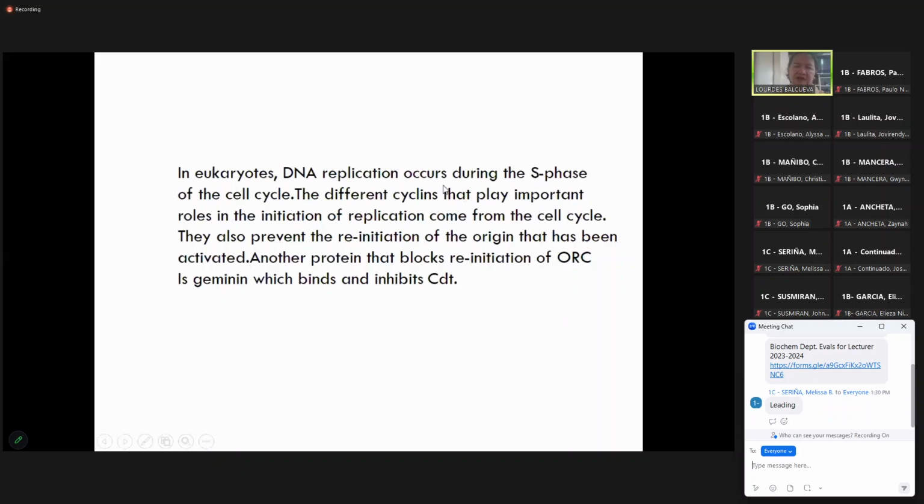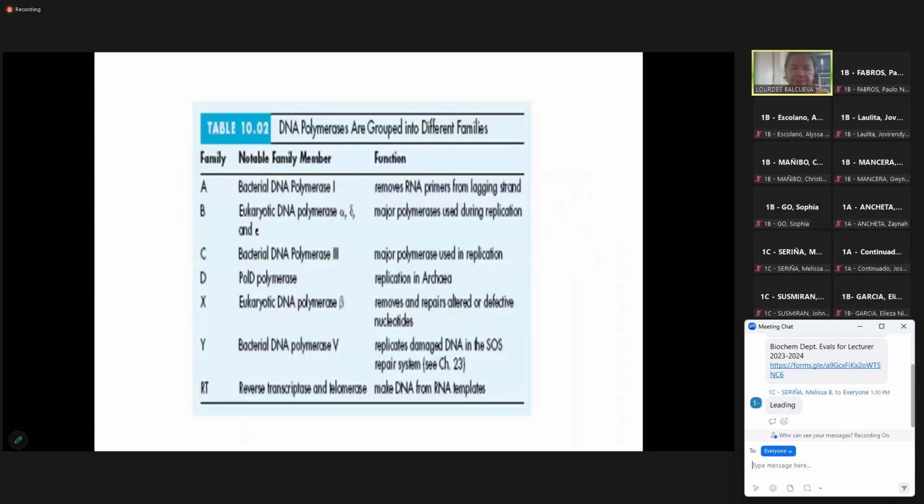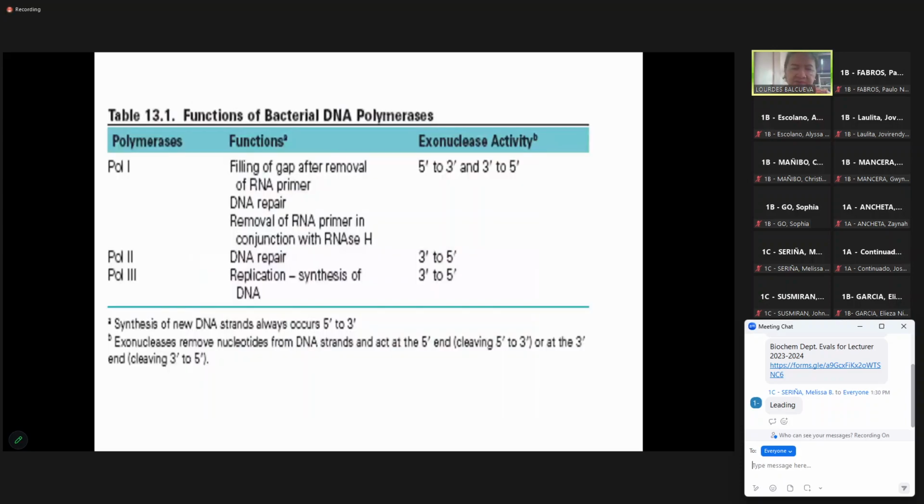And the different cyclins that play important roles in the initiation come from the cell cycle, like the CDT, the CDC6. Again, these are enzymes for both prokaryotes and eukaryotes.